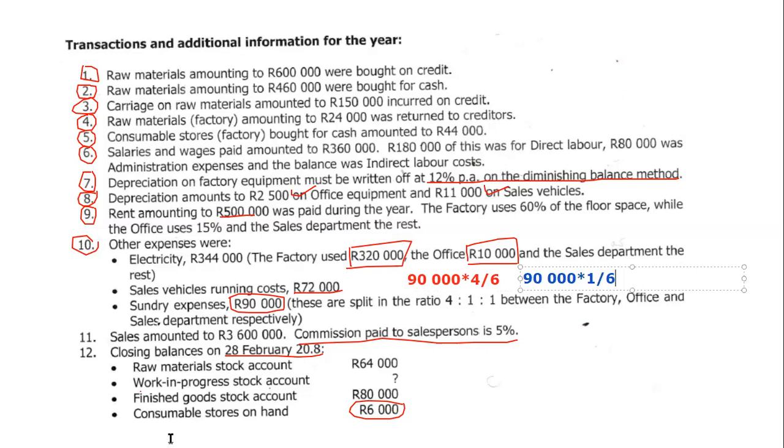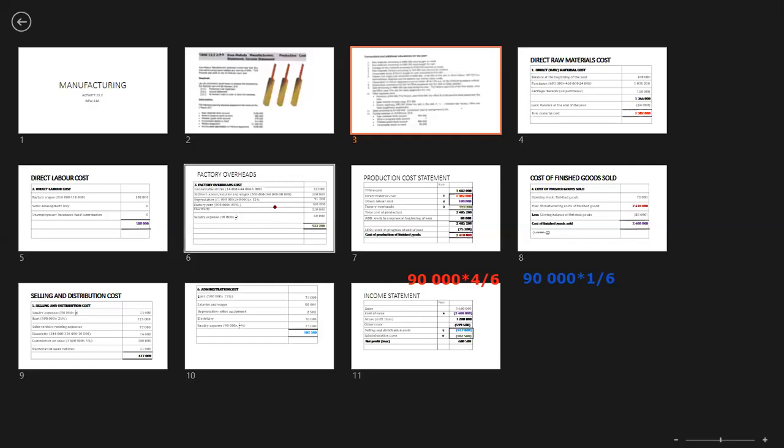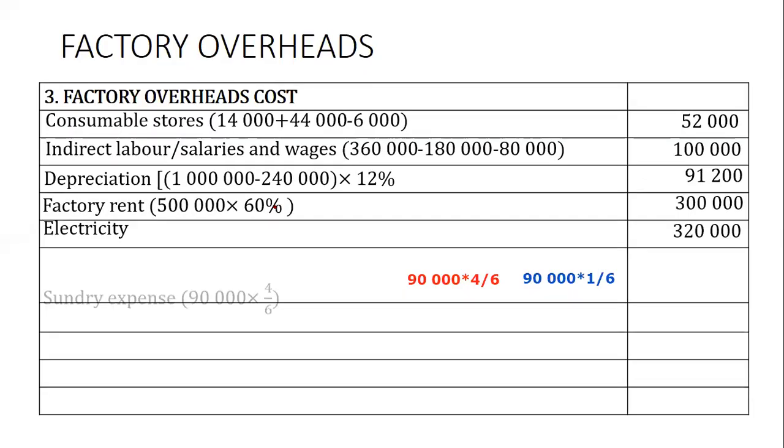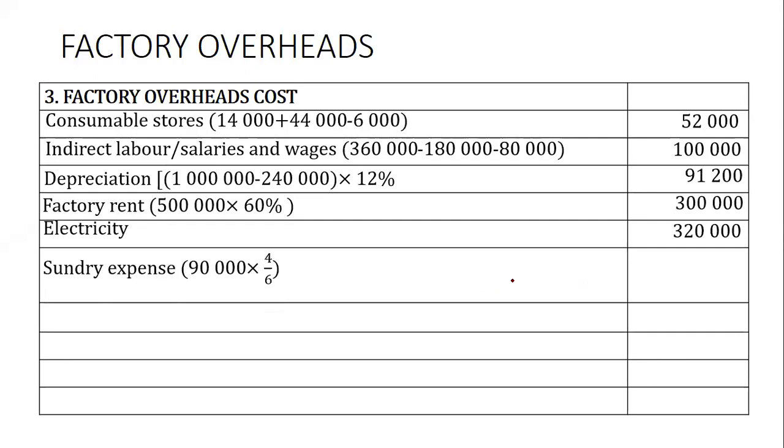I'm going to go to factory overheads, and I will simply write what you said, which is my sundry expenses. My sundry expenses will be 90,000 times 4 over 6, which is 60,000.